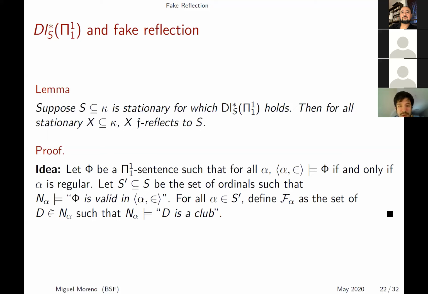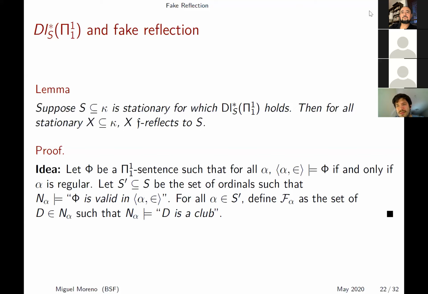You may also have such N alphas strong enough to see that something is a club, or to make sense of that definition, yet being so bad at set theory that they have a lot of fake cardinals, things that are ordinals but they believe are cardinals because they don't see enough functions, and a lot of descending sequences of ordinals.